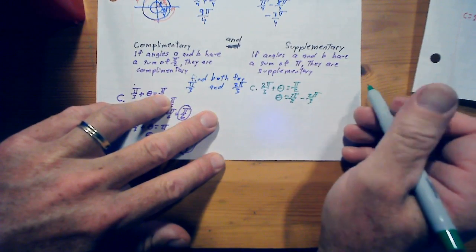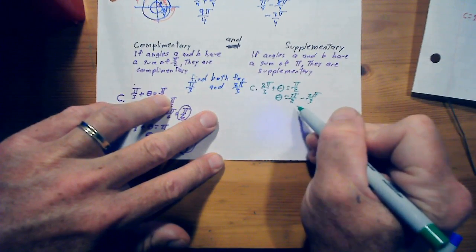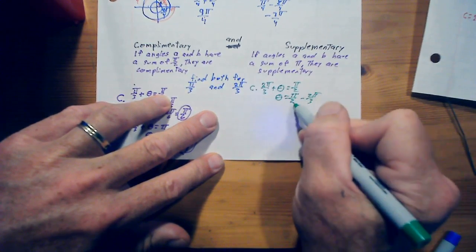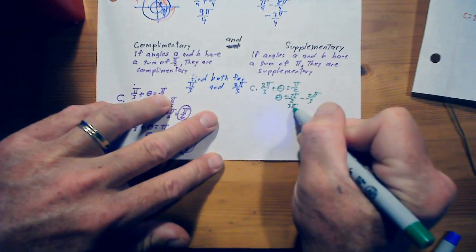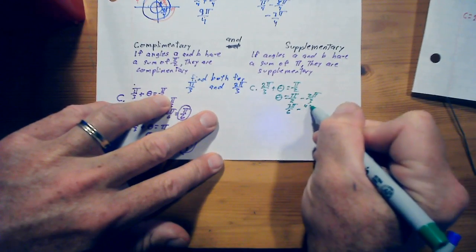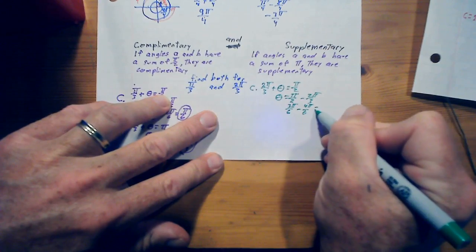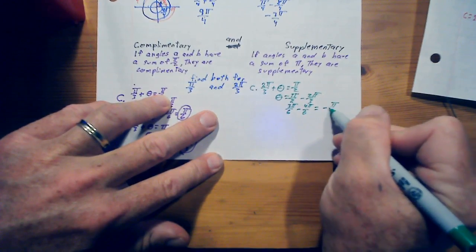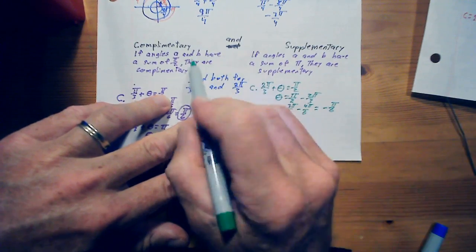Let's get this together here. I'm going to make pi over 2 have a common denominator, right? So I want this to be 6. I'm going to multiply by 3. So I got 3 pi over 6 minus 4 pi over 6 equals negative pi over 6.